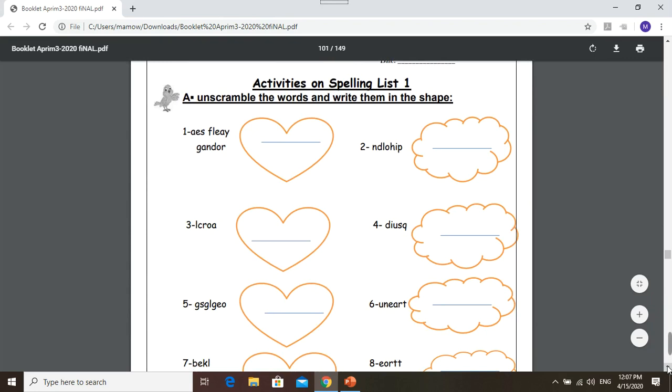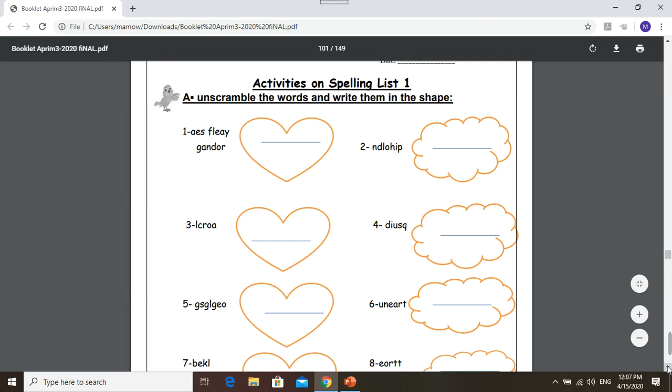Here we have an activity on spelling list 1, or the first spelling list. What do you think the first one is? Number 1? These letters are scrambled, so we have to unscramble them and think about this word. What do you think? Great, I can hear you. Leafy sea dragon. Number 2. I'm giving you a chance to think.